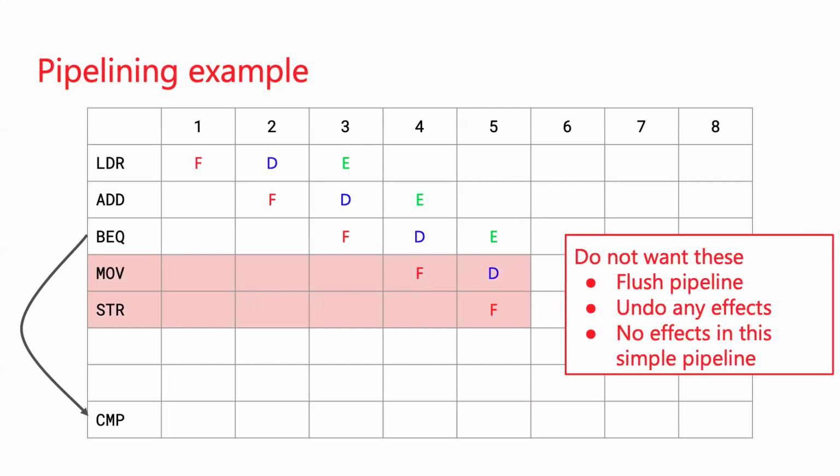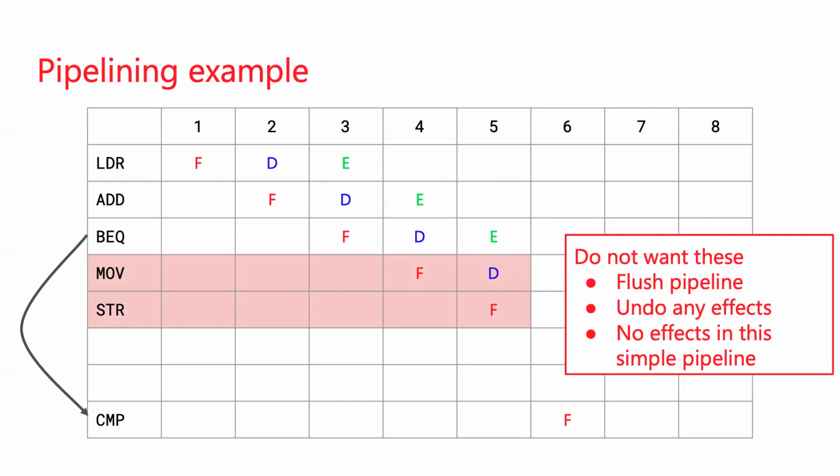Again, if we guessed wrong, if we loaded the pipeline with the wrong things, then we've just wasted a little bit of work. We're going to have to flush the pipeline, undo anything from partially executed instructions, and reload the pipeline from the direction the branch actually goes.